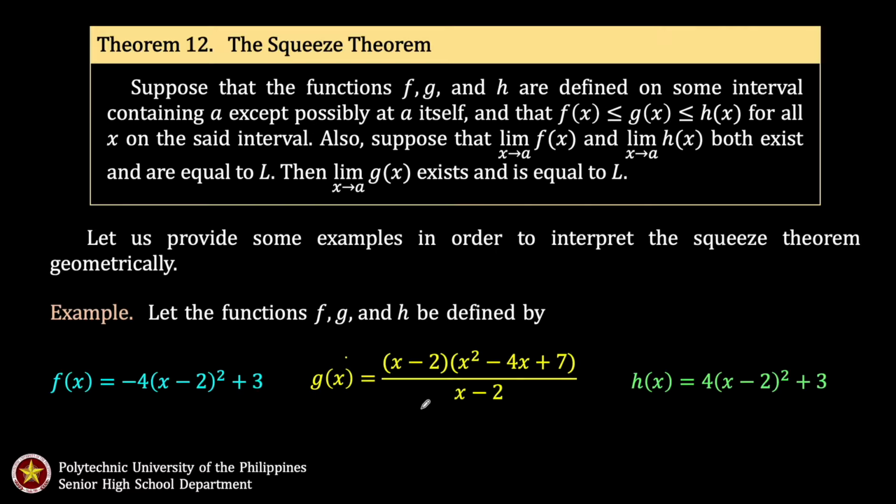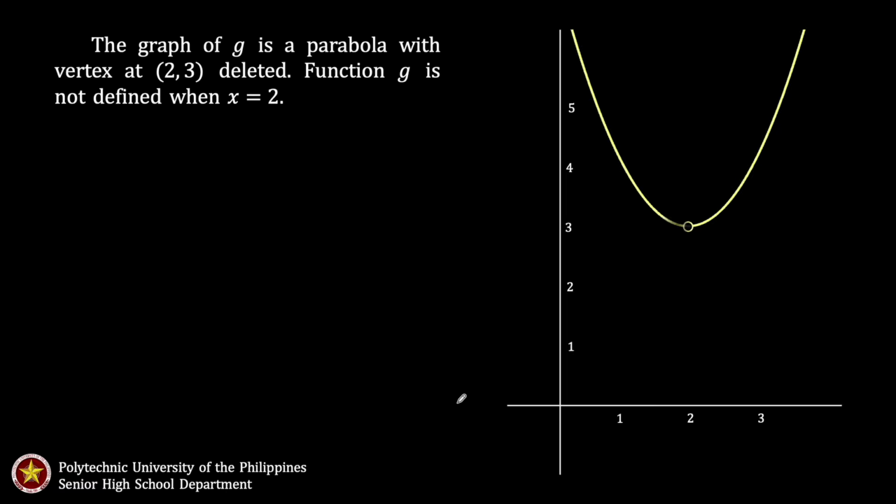Now the graph of g is a parabola with vertex at (2, 3) deleted. Function g is not defined when x is equal to 2. So if we try to substitute 2 in variable x, it will turn into a 0 denominator. So that's not allowed. If we try to graph this one, this is the graph of our middle function g.